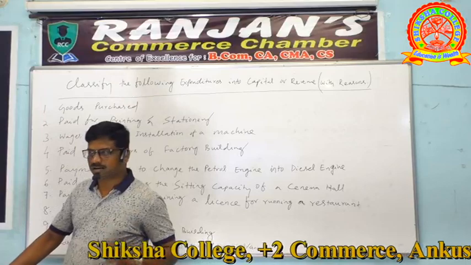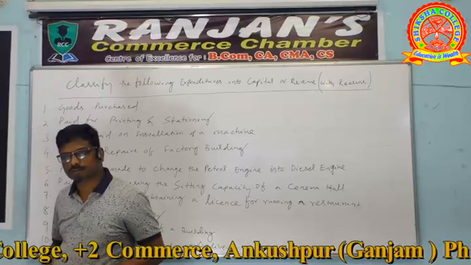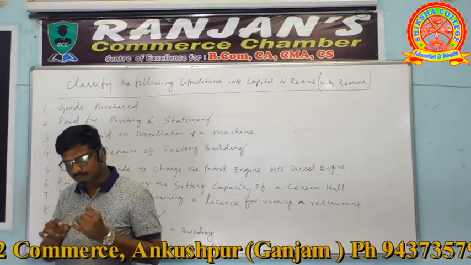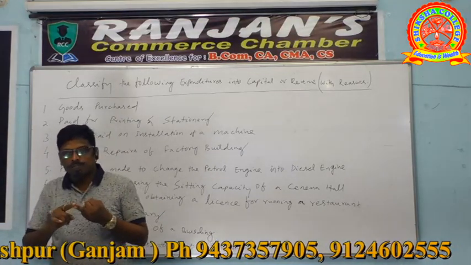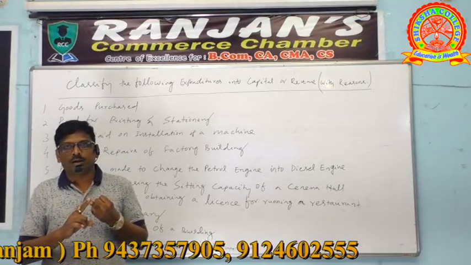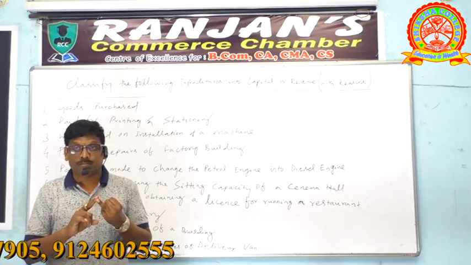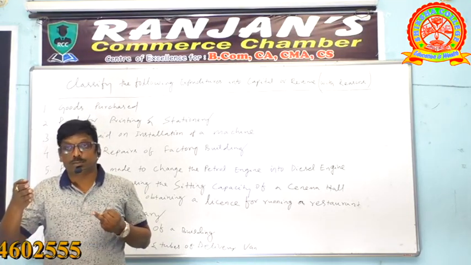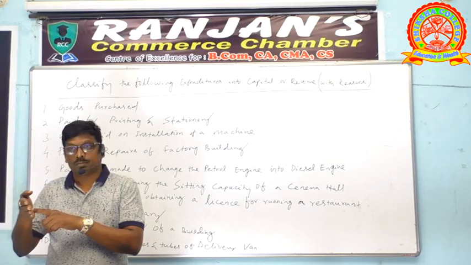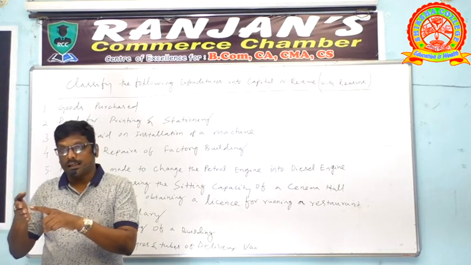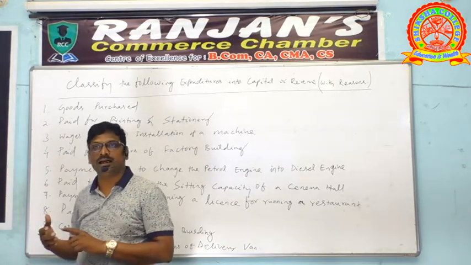To carry 8 passengers, I have to incur 2 types of expenditure: expenditure for putting another seat and expenditure to acquire permission from the Regional Transport Authority (RTA). Without RTA permission, in our registration certificate, the RC book, capacity is mentioned as 5-seated.